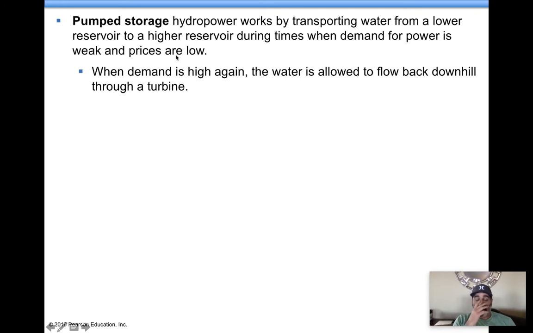When the cost goes back up, you can release that water and convert it back into electricity. So it's a means of saving water in a higher reservoir, because electricity at that particular moment is cheap. The more you make, the cheaper it's going to get, so you need to bring the supply down. As the supply comes back down, the cost will go back up, and then you can release the water. That's generally what happens in a pump storage technique.